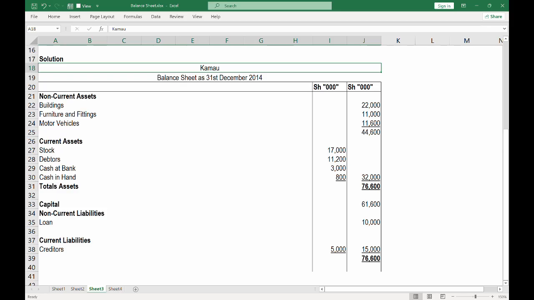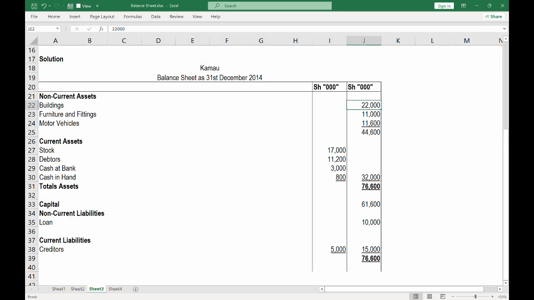Kamau balance sheet as at 31st December 2014. So you have to have the debit and credit side, or you can talk about the shillings since the amounts are in shillings. So you start with the non-current assets.